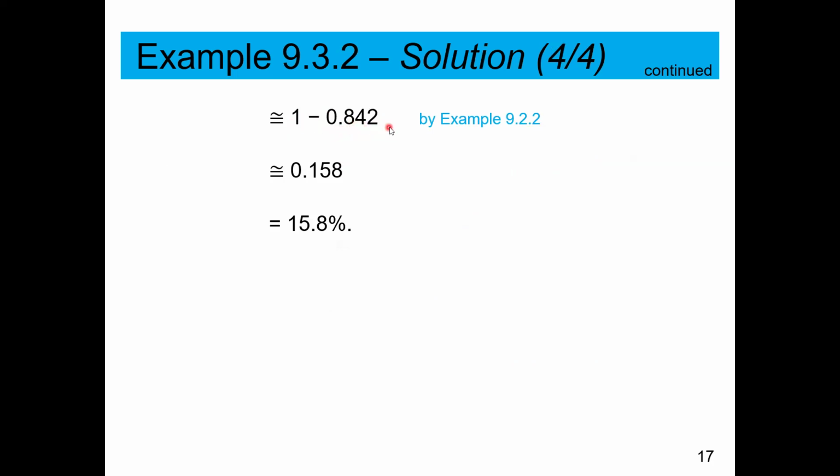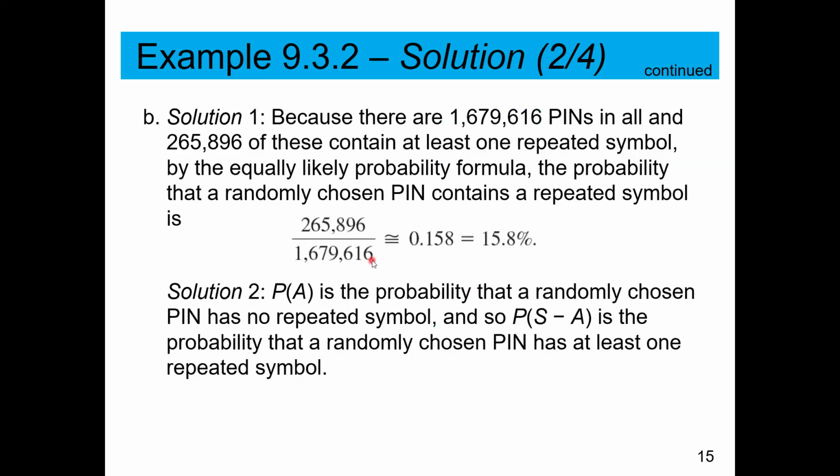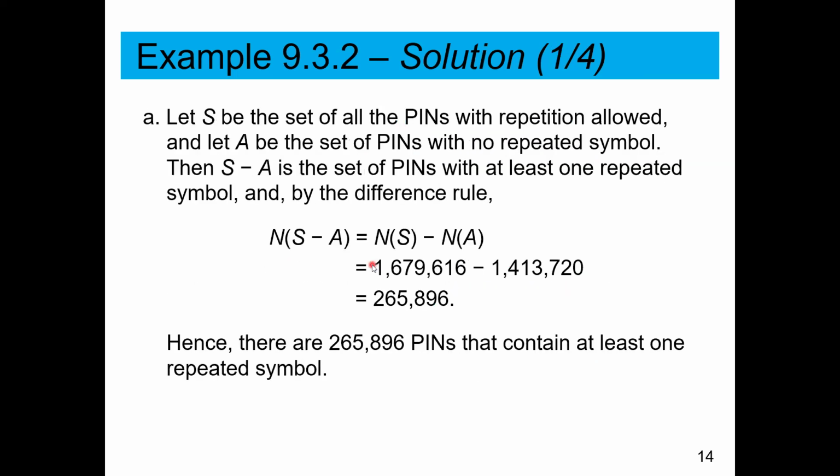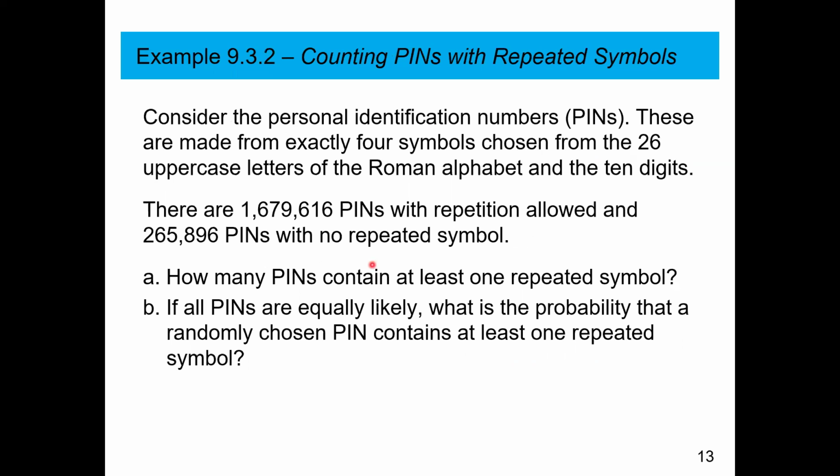We got this 0.842 previously. We did the calculation, we did the probability. And in reality, we could have just taken 1 minus that. So this is the idea that probability also is the probability of everything happening minus the probability of what I don't want happening. The reason for this, sometimes it's easier to identify what I don't want rather than it is to identify what I do want.